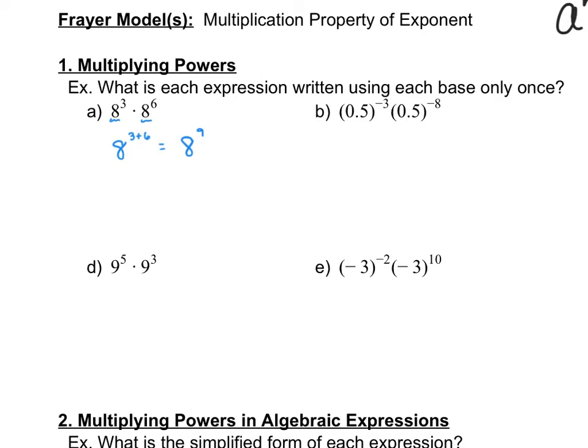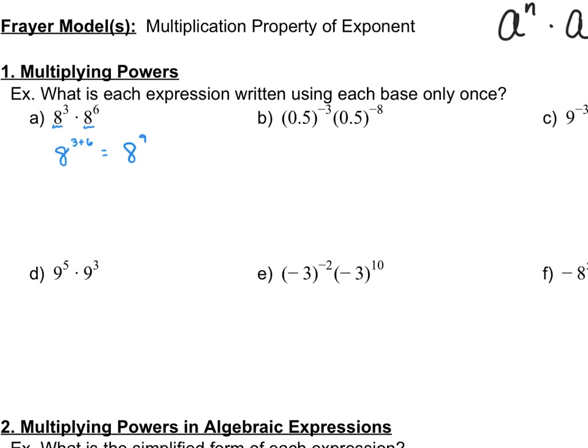As I go to the next example, I have 0.5 to the negative third times 0.5 to the negative 8. Now remember, we add exponents when multiplying like bases. So I would have 0.5 to the negative third plus negative 8.